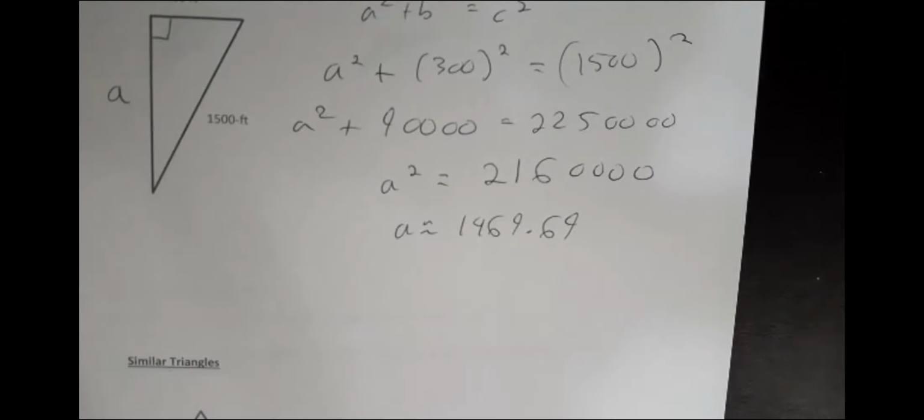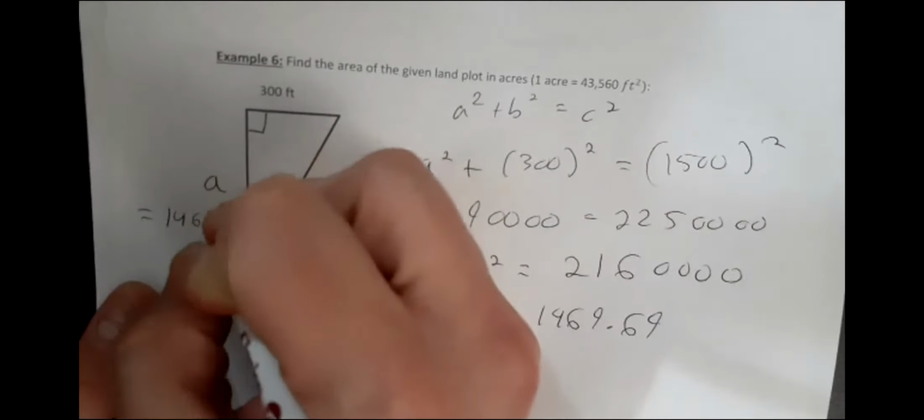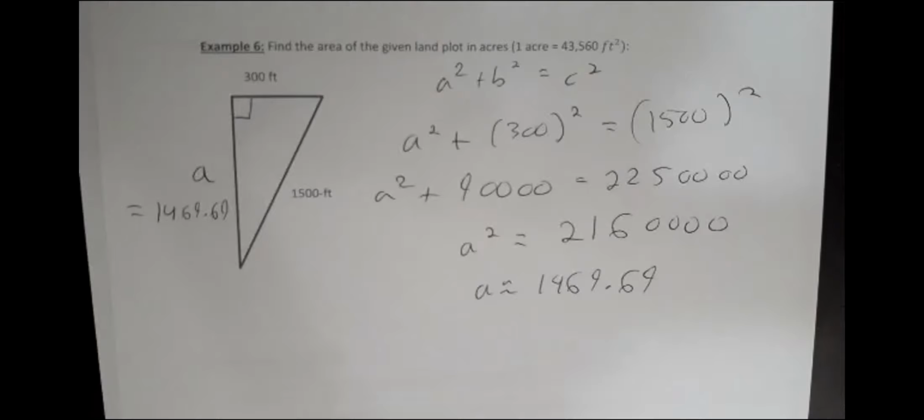Okay, so I know what this number is now. This is the 1469.69. So now I'm stepping back. Find the area of the given land plot in acres. I went ahead and found this missing dimension.